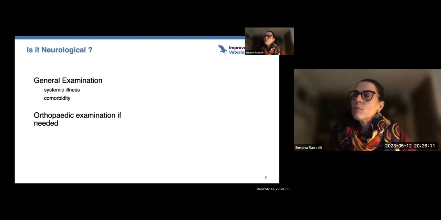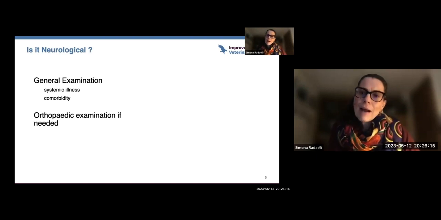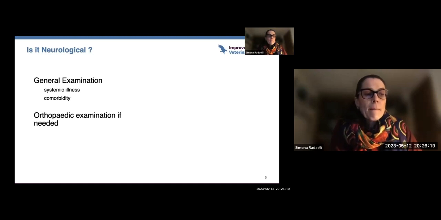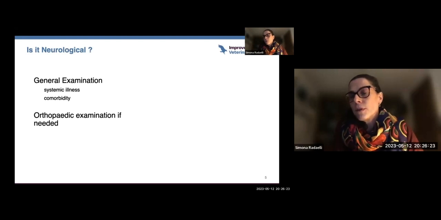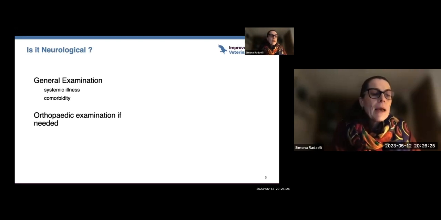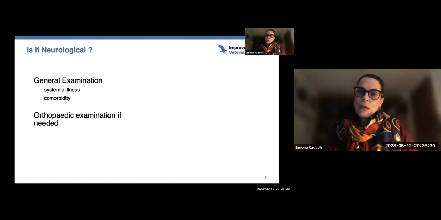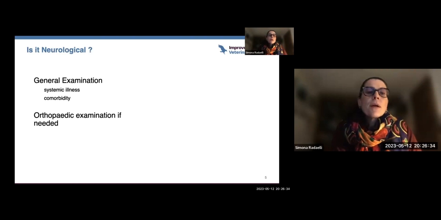Let's not forget, for example, our brachycephalic breeds that can have upper airway problems, and therefore that can have an impact on our choice whether we anesthetize the patient or not for investigations. Or elderly patients that can have other diseases together with the neurological signs.